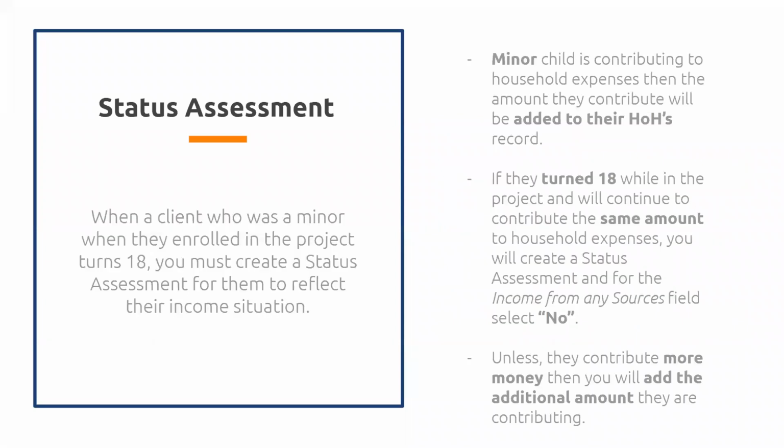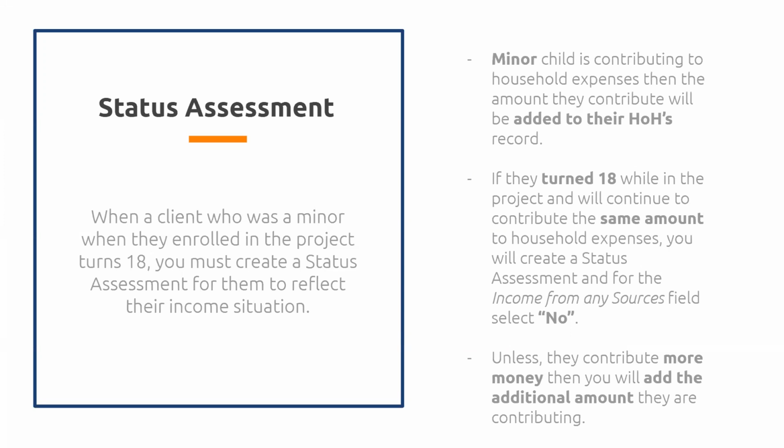So another common status assessment that I would like to go over is when a minor who is enrolled in your project has turned 18. You can add a status assessment and create an income and sources for the minor who has turned 18.